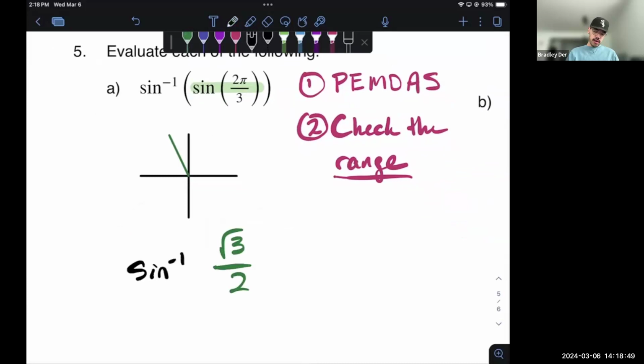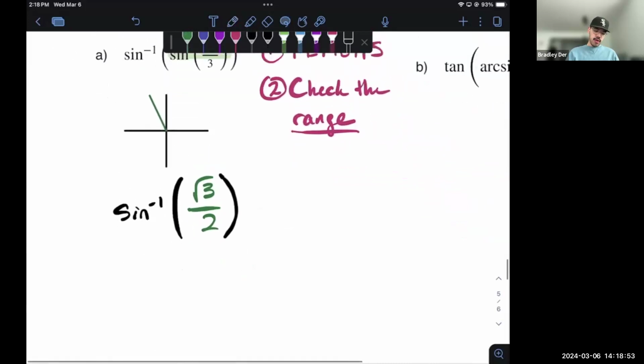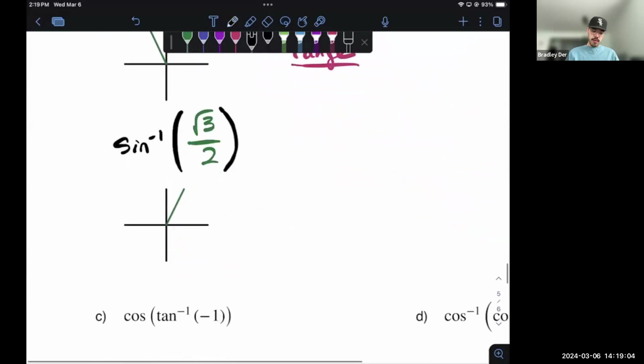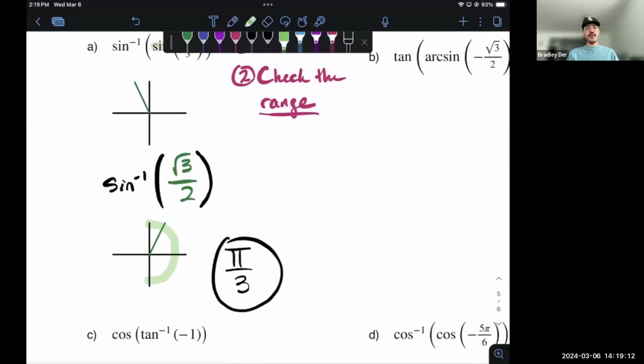So I want the inverse sine of root 3 over 2. And this is where you really want to follow step-by-step order of operations, because the answer here isn't 2 pi over 3. The answer here is going to be pi over 3, because we're trying to fall in that interval of negative pi over 2 to pi over 2.